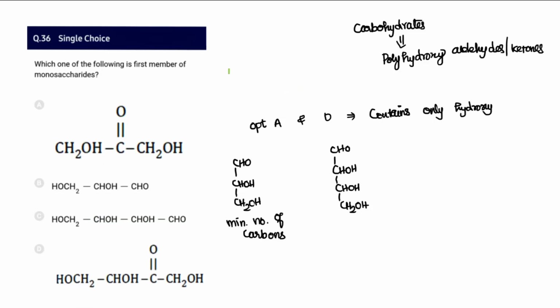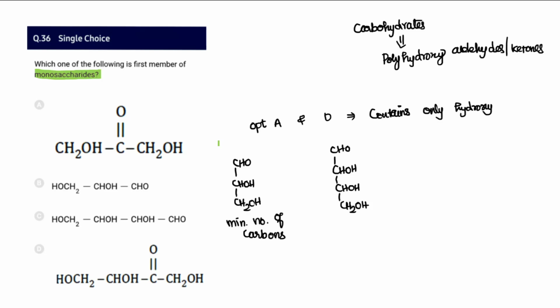And which of the following is the very first member of monosaccharide? So monosaccharide is basically a carbohydrate, and the correct definition of carbohydrate is that it must have polyhydroxy aldehydes or ketones. Not monohydroxy, it is polyhydroxy aldehydes or ketones. So in all the compounds there are various hydroxyl groups, but they do not have an aldehyde.